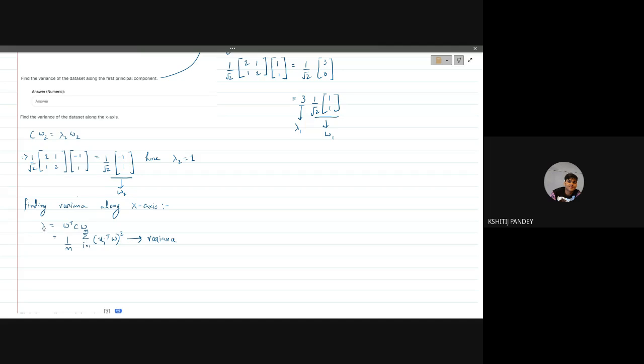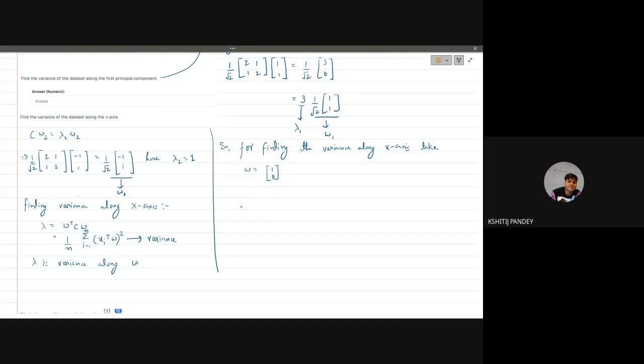So here we know that lambda is variance along W. So if you want to find the variance along the x-axis, take W equal to the basis of the x-axis direction, that is 1 0.